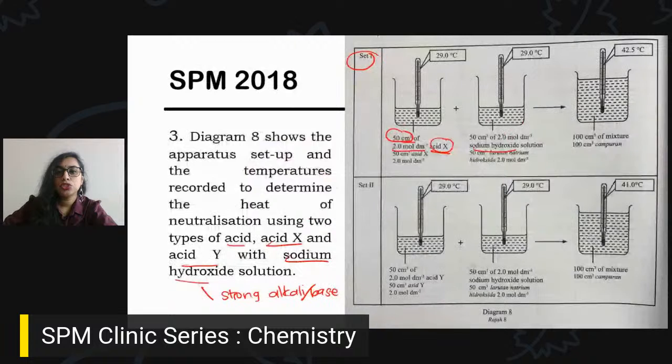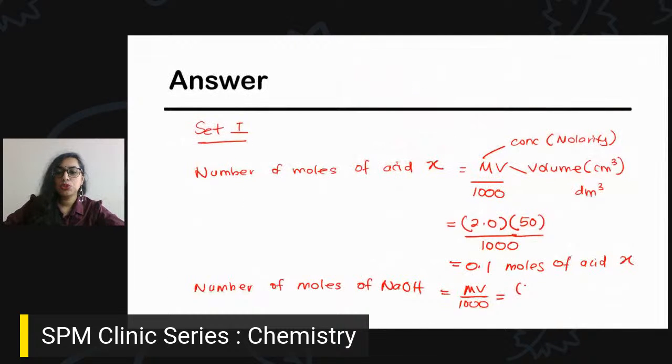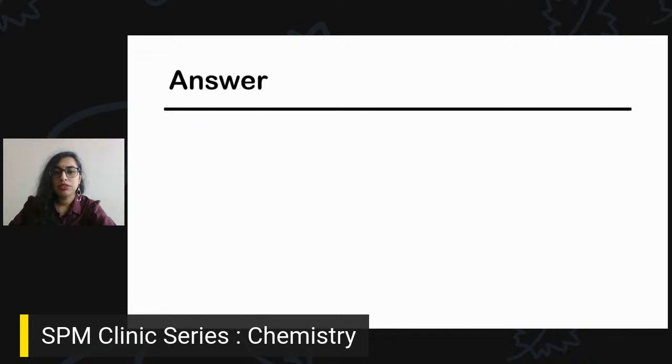The molarity is 2.0 mole per dm cubic and the volume is 50 centimeter cubic, the same as the acid X. So it's going to be 2.0 times 50 divided by 1000. You will get 0.1 moles of NaOH. Okay, done calculating the number of moles of acid and sodium hydroxide.